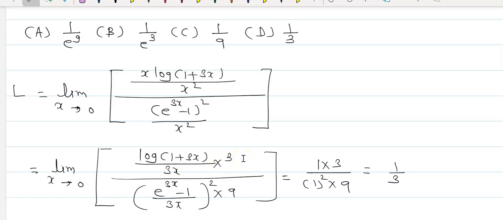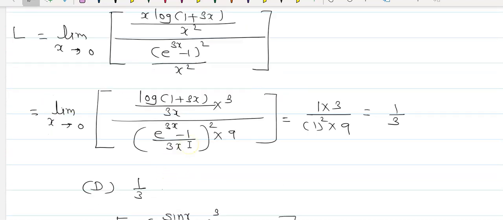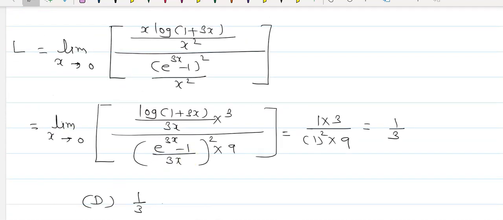What about the denominator? The denominator (e raised to 3x minus 1) bracket square upon x square, that is (e raised to 3x minus 1 upon 3x) bracket square into 9. Now here is a 3 square, means 9. Therefore we are dividing by 9, at the same time multiplied by 9. Therefore value of this limit is 1, and this is 1 square. 1 into 3 upon 1 square into 9 is equals to 1 upon 3. Therefore D is equals to 1 upon 3, that is a correct one.